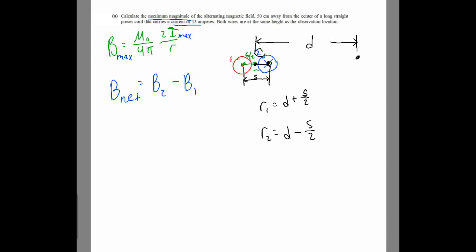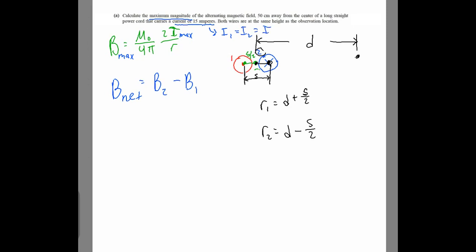Since we were given the maximum value for both wires, we know that I1 max equals I2 max, and I'm just going to call that I. Plugging everything that we know so far into our equation for B net, we can start to solve.